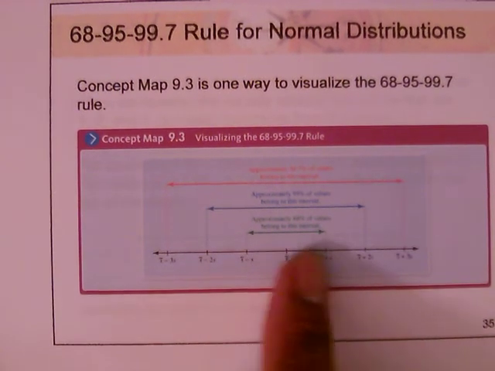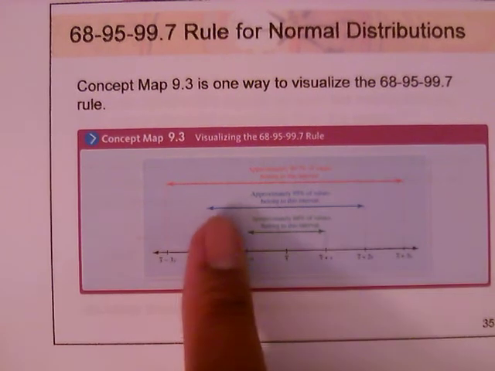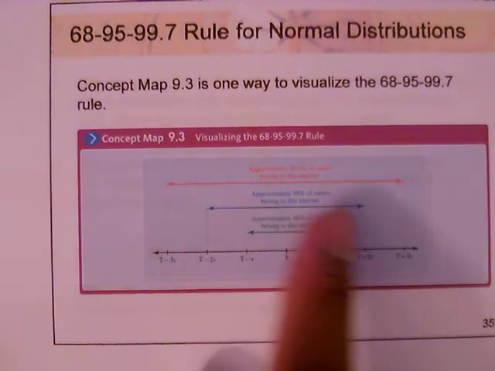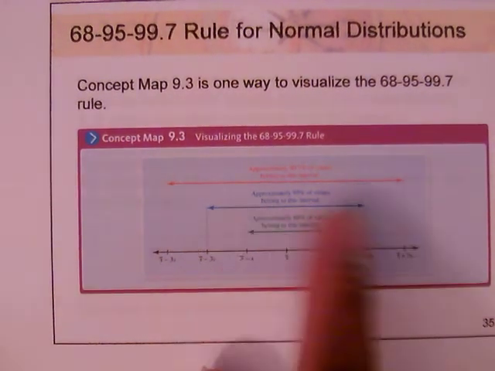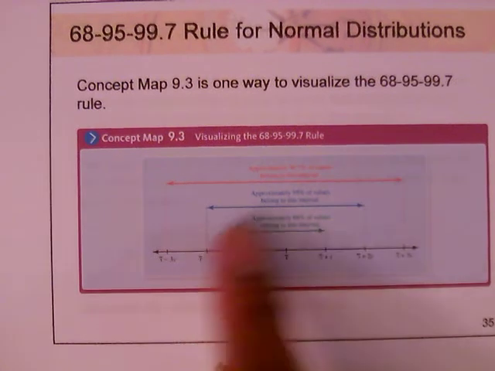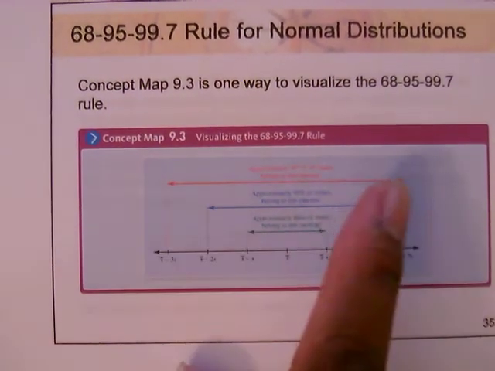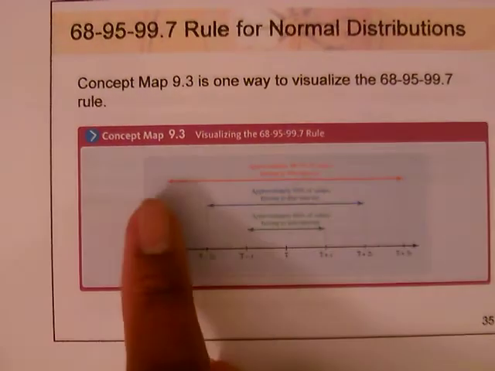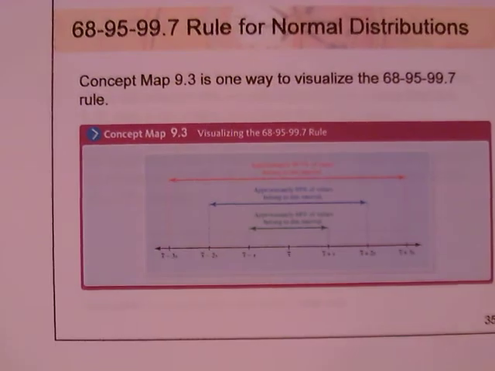And then the blue line represents two standard deviations. In that interval, approximately 95% of the values will be within two standard deviations of the mean. And then finally, this long red line represents 99.7% of the values that are within three standard deviations of the mean.